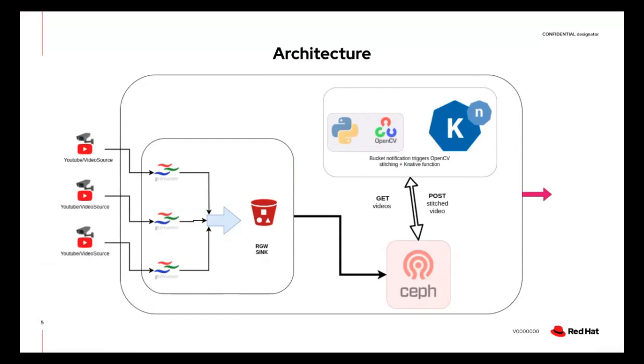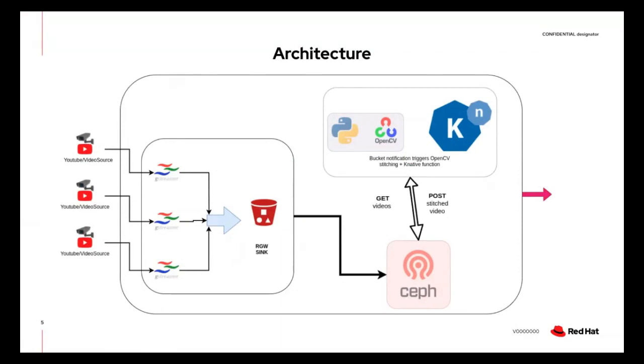So we're going to talk about the architecture that we have designed. To go through it briefly, our video source can be YouTube or a webcam or any such source. These are streamed using GStreamer. We have built a GStreamer plugin.